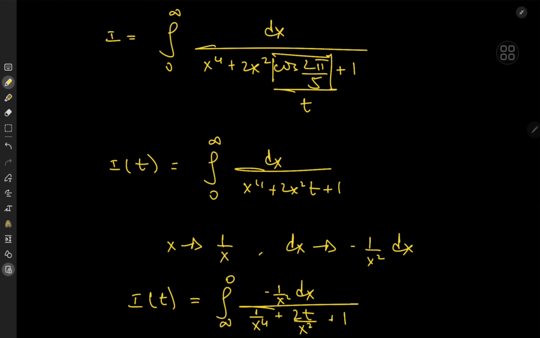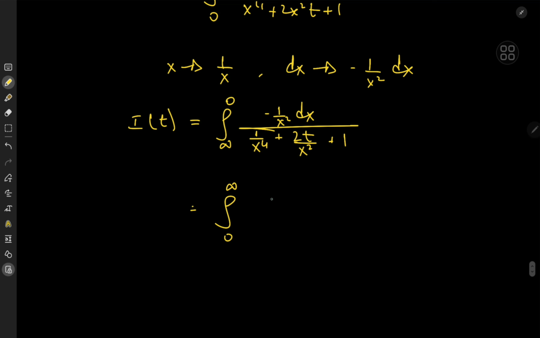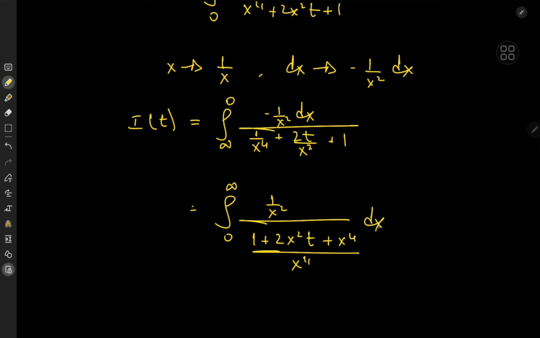And now for some simplification, we have the integral from 0 to infinity now, which introduces an extra negative sign that cancels the negative upstairs. And we have 1 over x squared over 1 plus 2x squared t plus x to the 4 over x to the 4 dx. And of course, we can expand using x to the 4th power upstairs and downstairs.